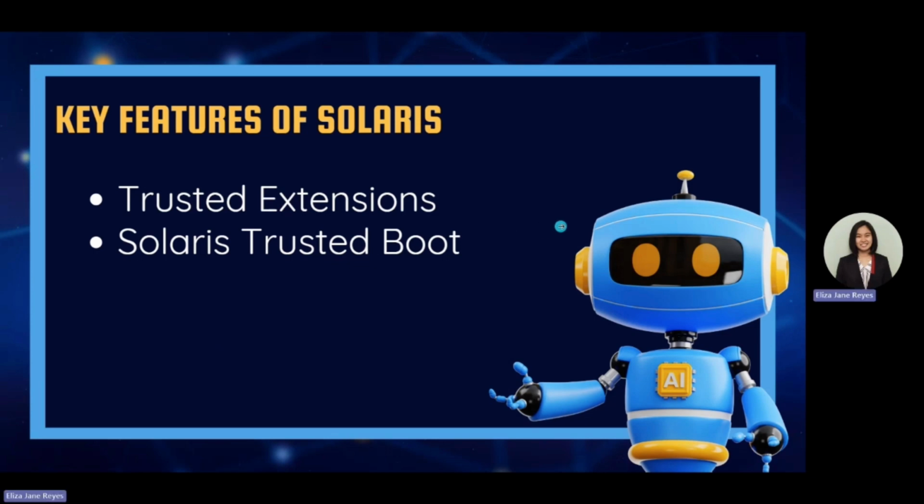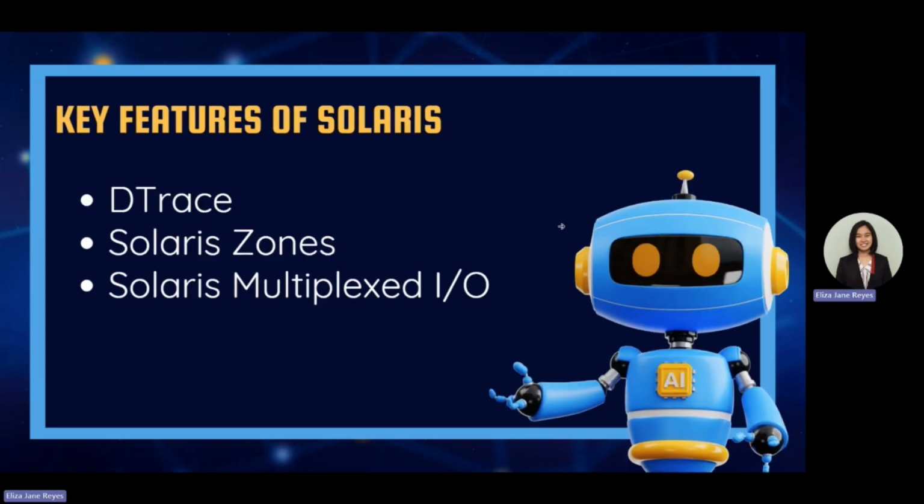Next are the features of scalability and performance. Solaris has DTrace, a powerful dynamic tracing tool that allows you to non-intrusively monitor the performance of any part of the system in real time. Next, we have the Solaris Zones.